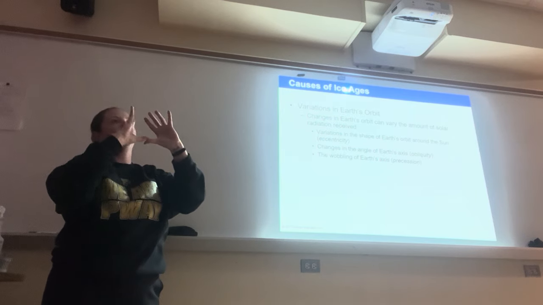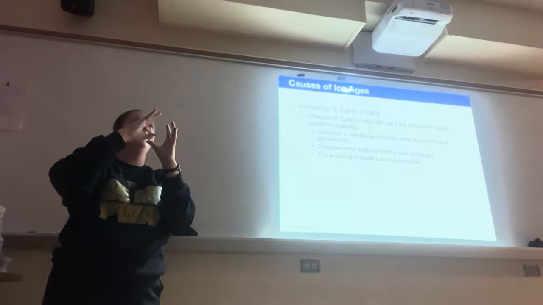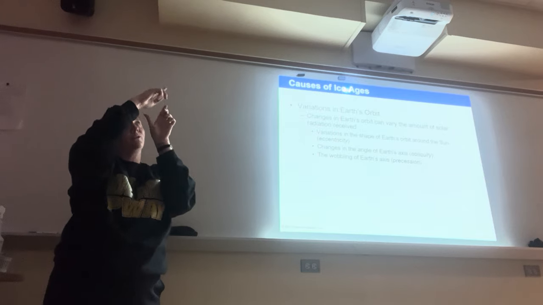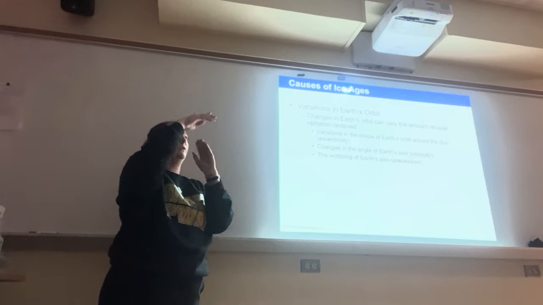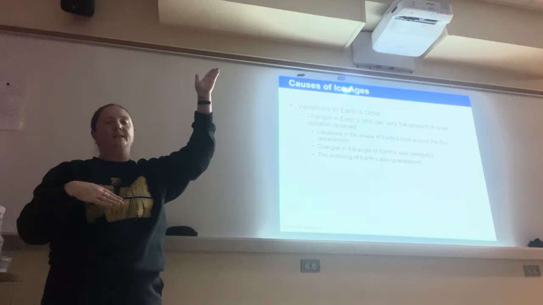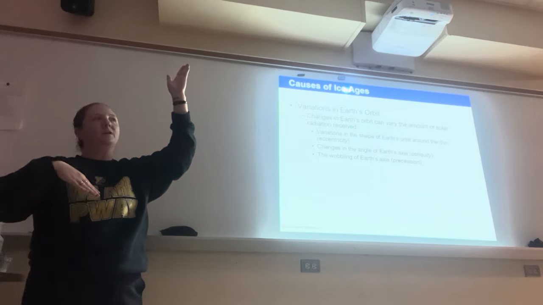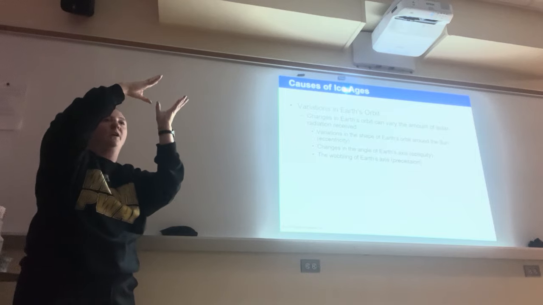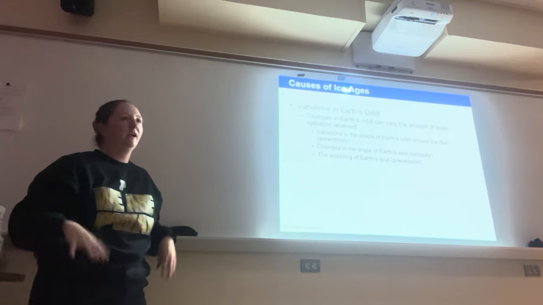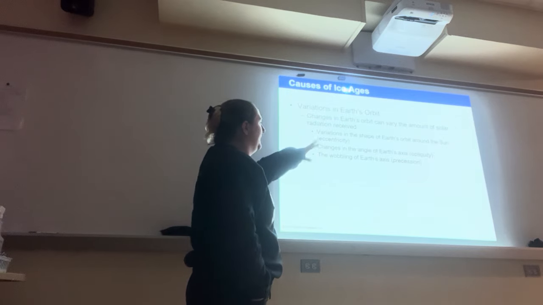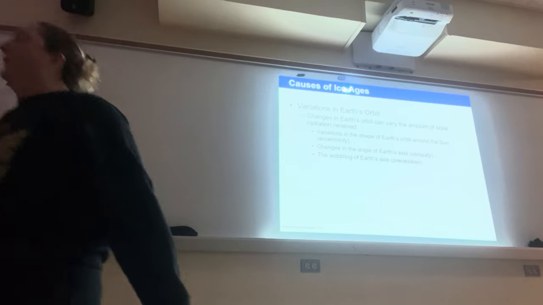But because we wobble around, we make a little circle in the sky. So there are times where the North Pole is not in line with Polaris, but with some other star in the sky, which would then be the North Star in that instance. So that's another cycle that can impact climate as well.